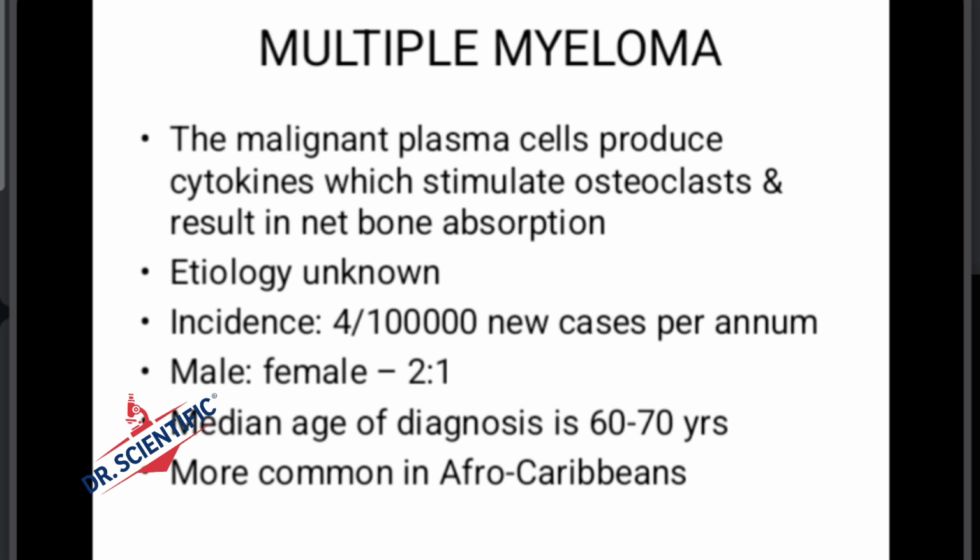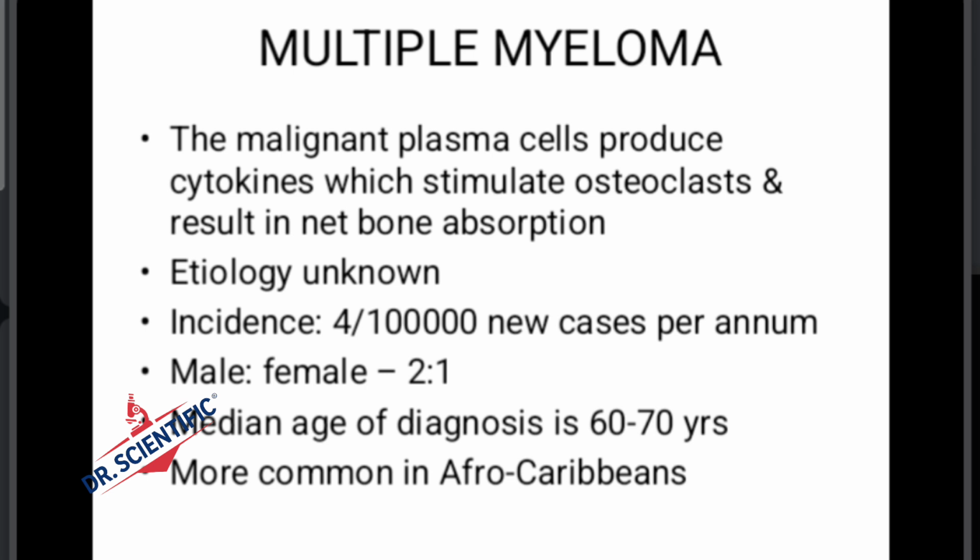On average, most of the people diagnosed with multiple myeloma will be between 60 and 70 years, but of course it can still occur even in younger people. And it's more common in Afro-Caribbeans, that is in Africa and those people in the Caribbean, mainly in blacks.